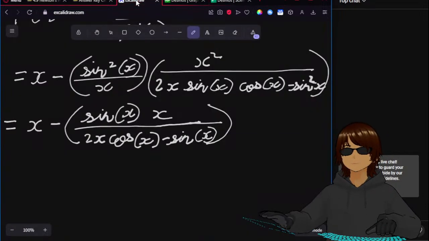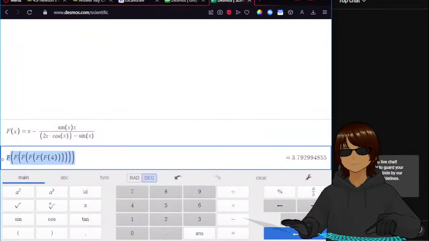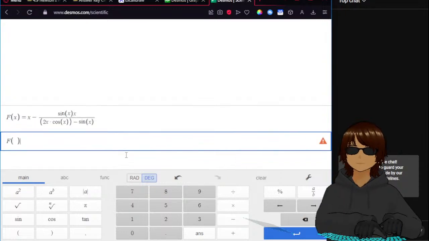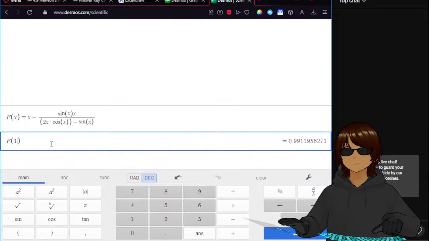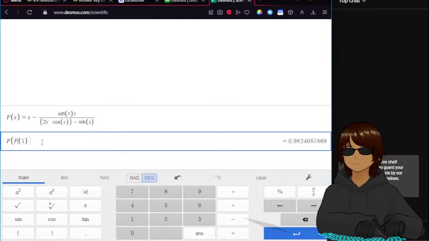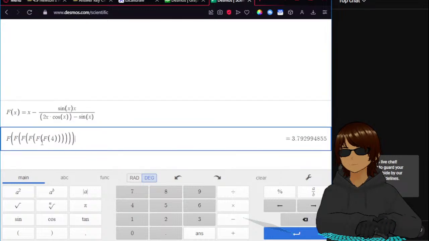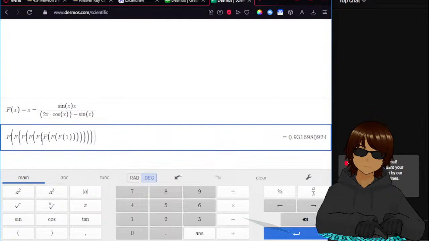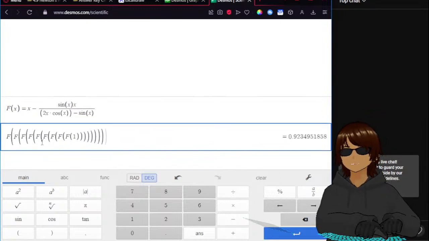Let me see. Oh, forget this. So f of, let's say, 1. 1 hasn't gotten any closer. 0.9234.